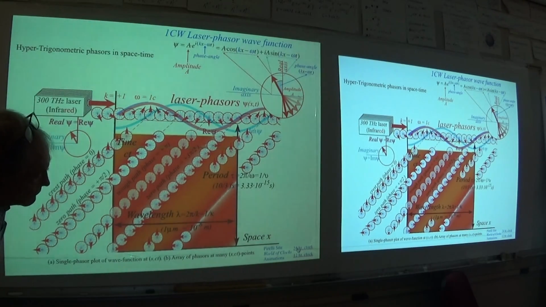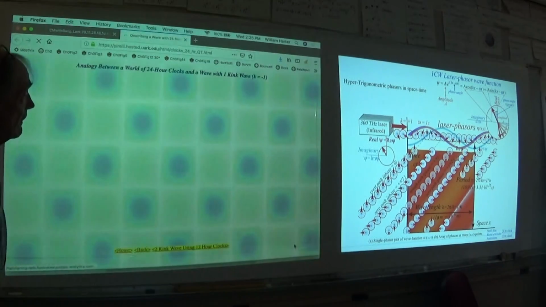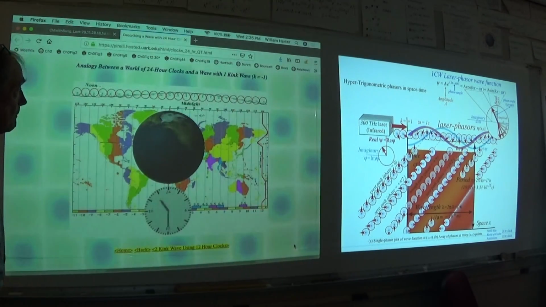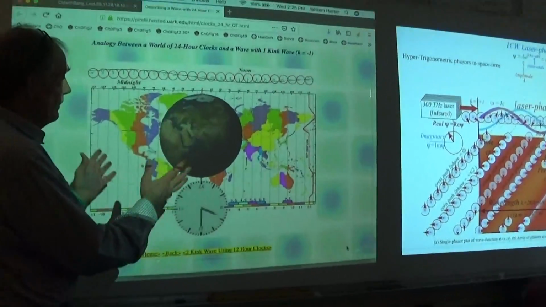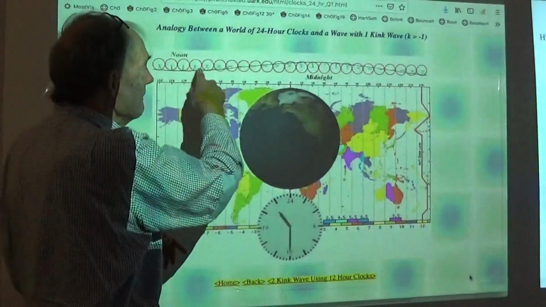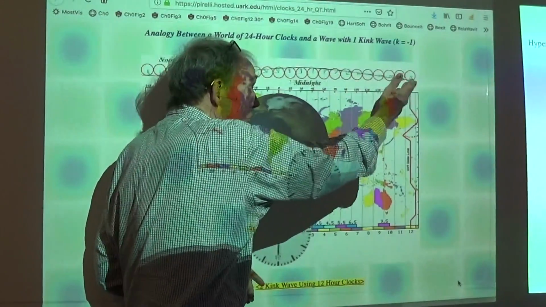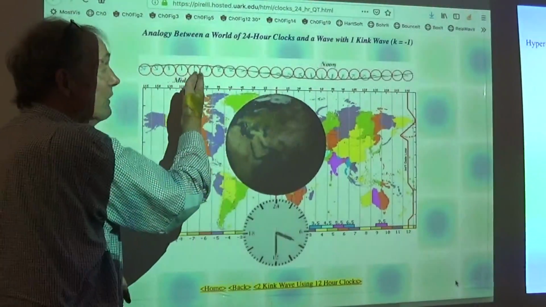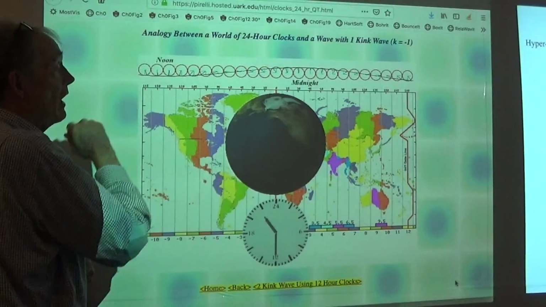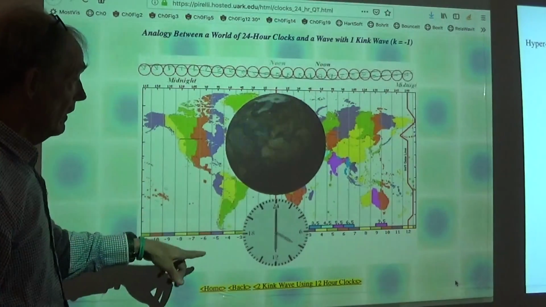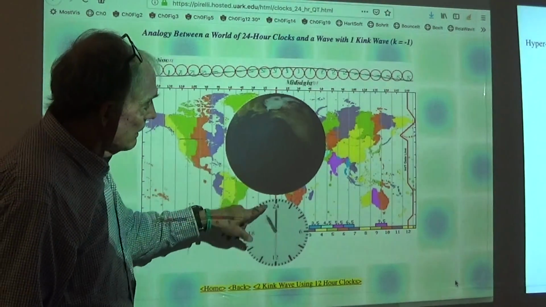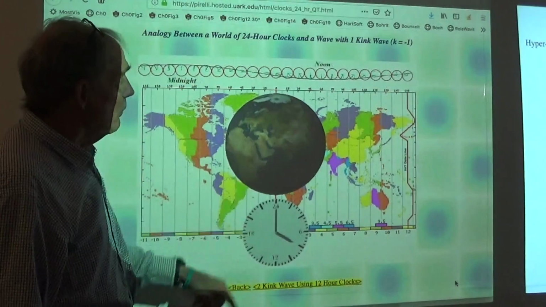Let's start off with a European clock. See if this will work here. Yes. Okay, so here's the Earth turning, and there's the time. In most of the industrial world, those clocks are just as you show there, and this is a 24-hour clock. There's 12 hours, there's 24.